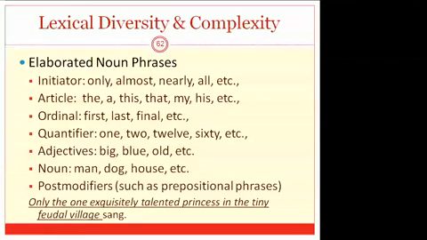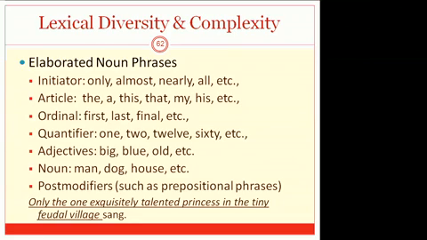Within each of those choices of pieces that can go into noun phrases, there are many different words that can be selected. In an analysis of lexical diversity and complexity, you're going to look for the sophistication of the vocabulary that is included in those elaborated noun phrases.